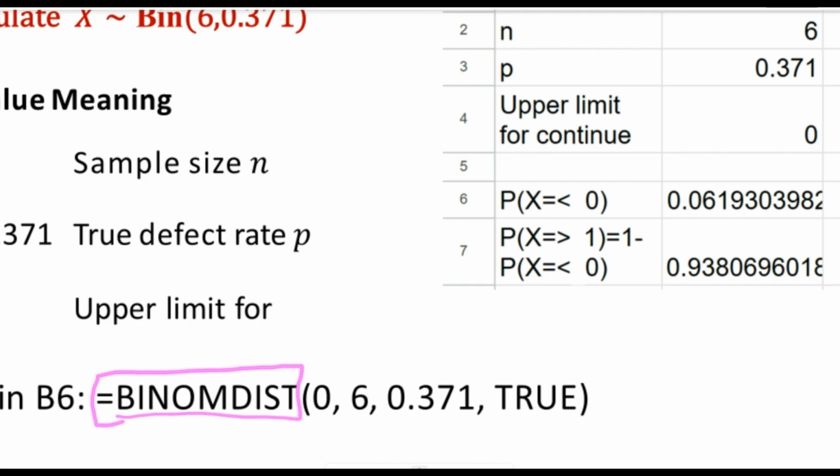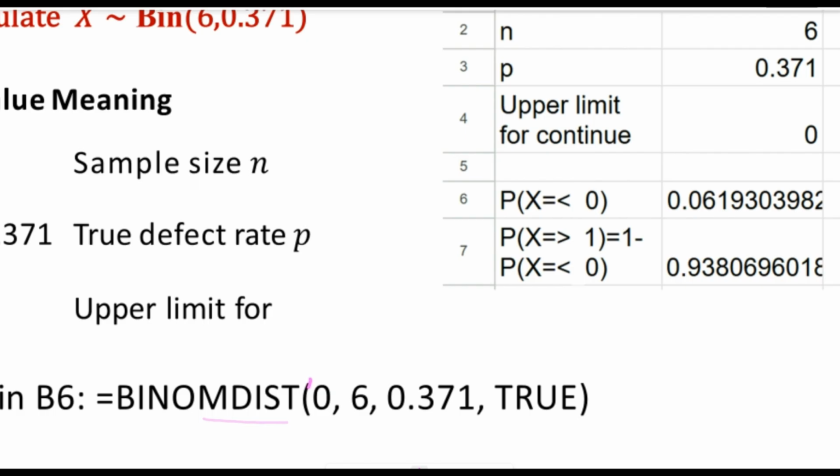You can write equal BINOM.DIST, or if you just type bin in the search field of the function, you'll get the binomial function here.